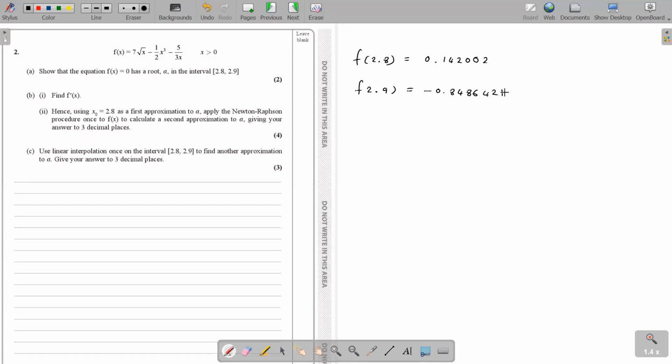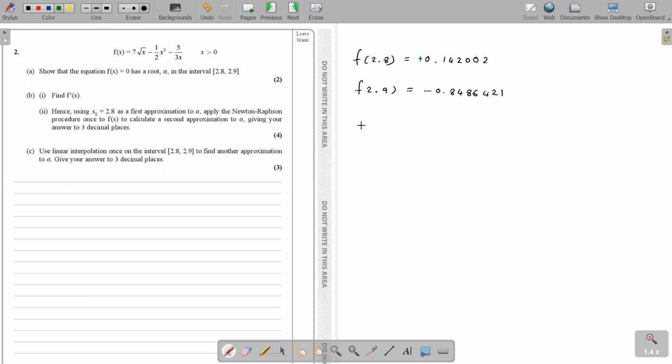So we have a sign change here. There's a clear sign change. There's one more requirement for there to be a root in the interval. There must be a sign change and also your graph must be continuous.